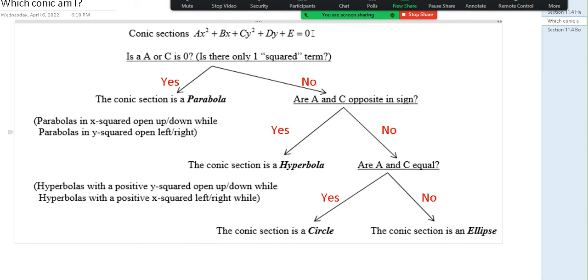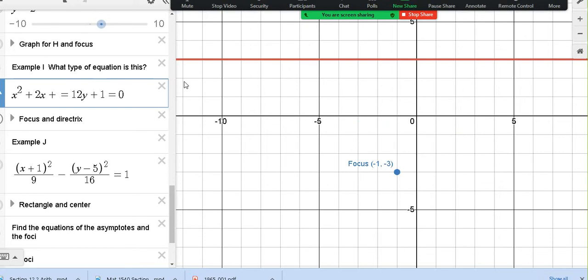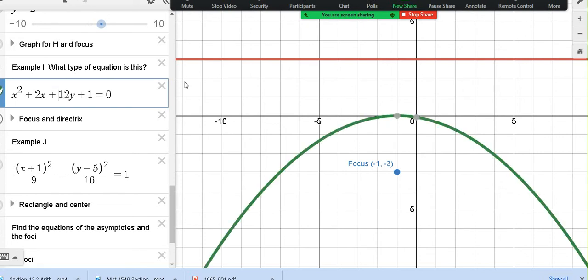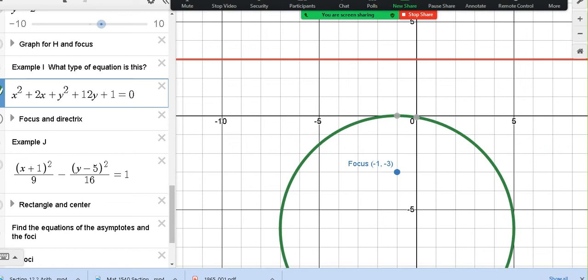A and C were both 25 and positive would be a circle? Yep. In fact, let me see if I can modify one there. In this case, I'll just do plus y squared, and I've got to put a plus here. There you go. Notice that the coefficient here is 1, the coefficient here is 1.